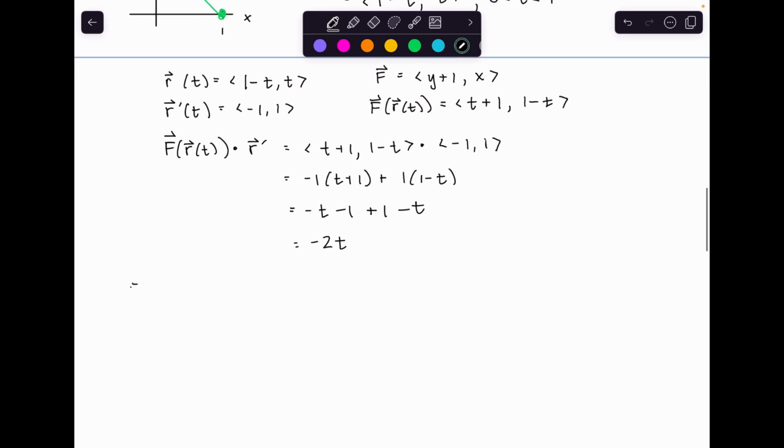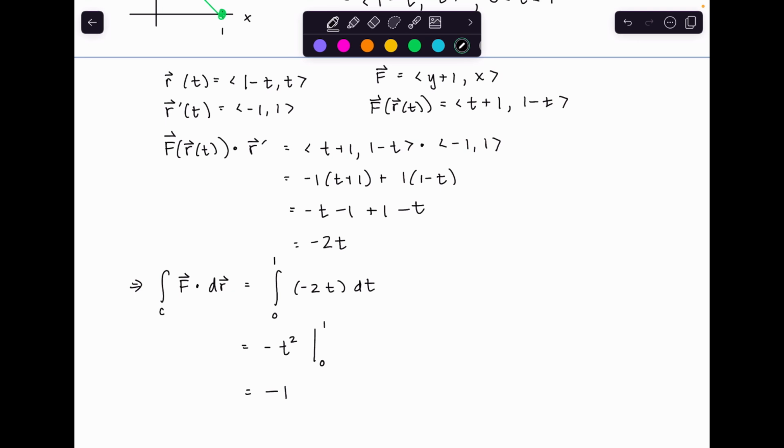So the line integral over this particular curve is then going to be the integral from 0 to 1 of negative 2t dt, which is just negative t squared evaluated from 0 to 1. So we end up with negative 1.